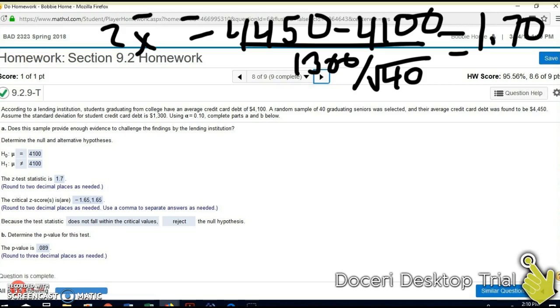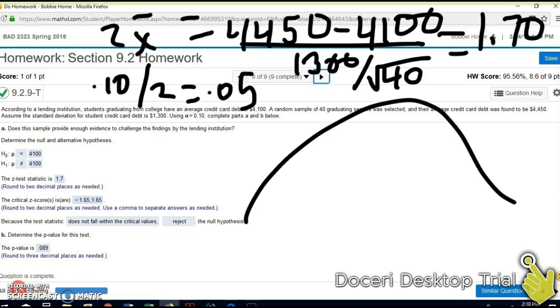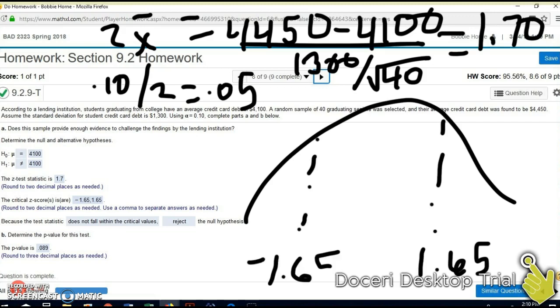And then if you look up your critical value, it's a two-tailed test, so we have to take alpha and divide it by 2, so 0.05. And so when we do our two-tailed test, the critical value is, I believe, 1.65 and negative 1.65.